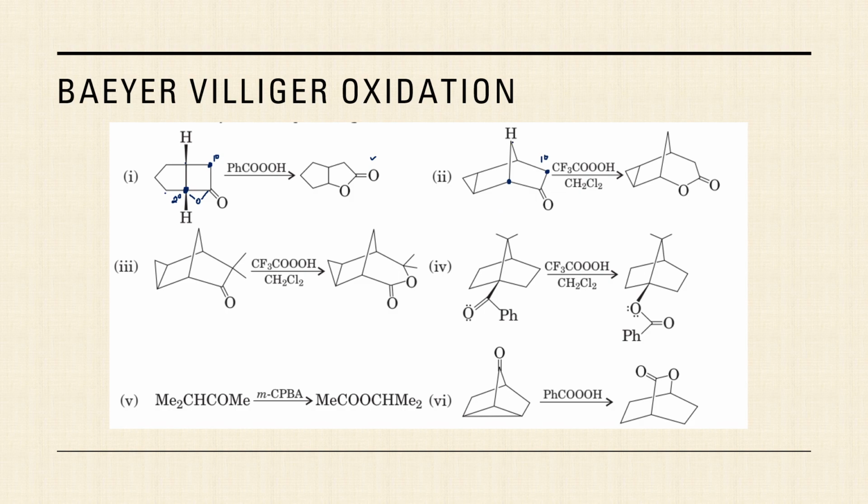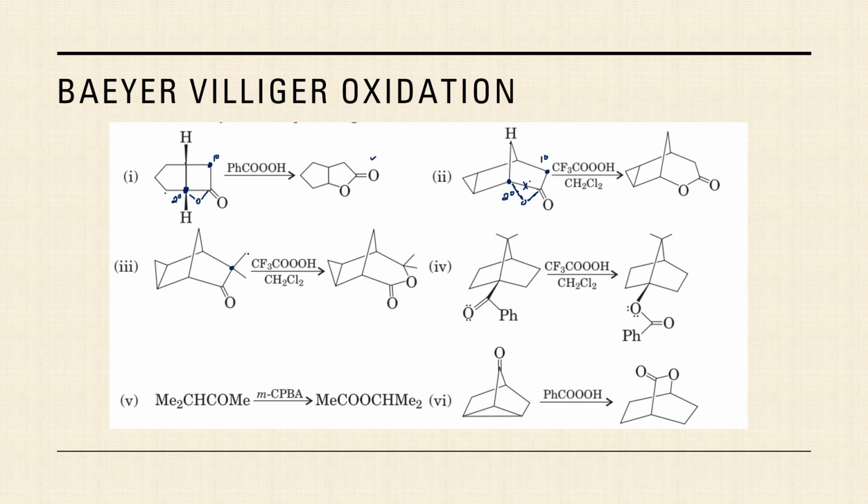This is connected to 1, 2, this is 2 degree. So oxygen will insert over here. Can you see this? So this bond is removed and we create something like this, and that is what is obtained.